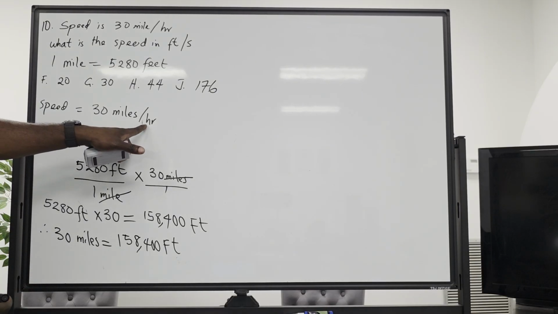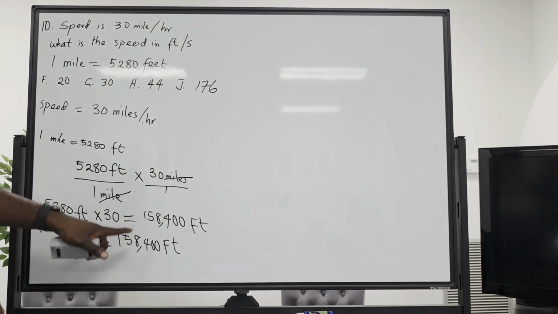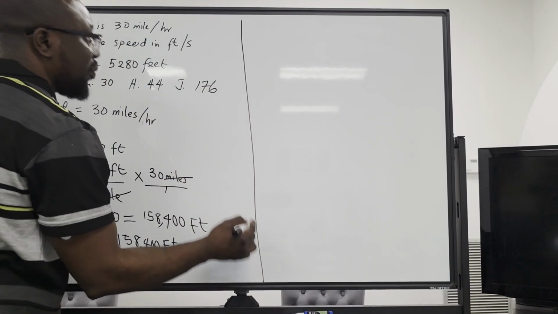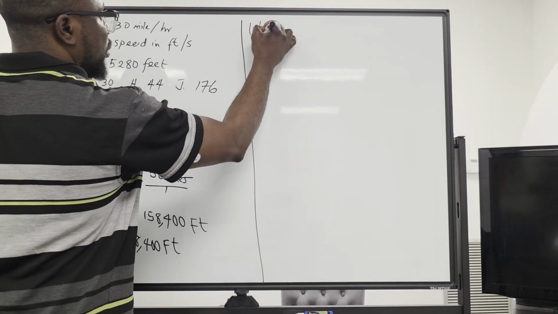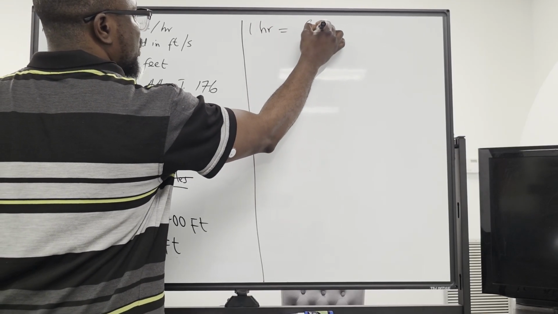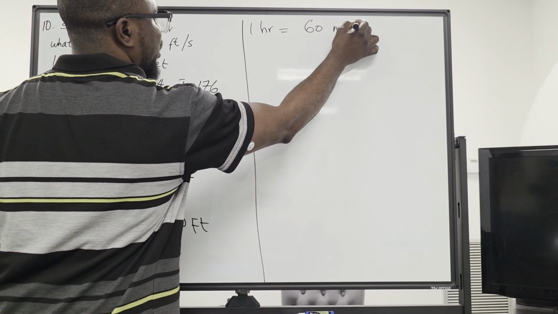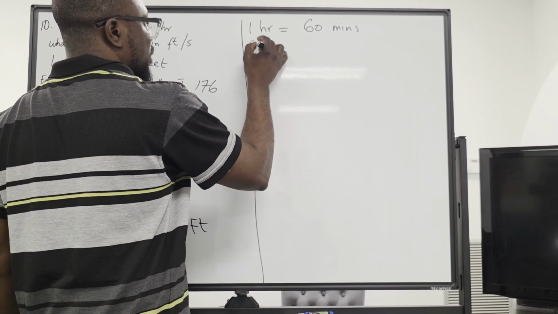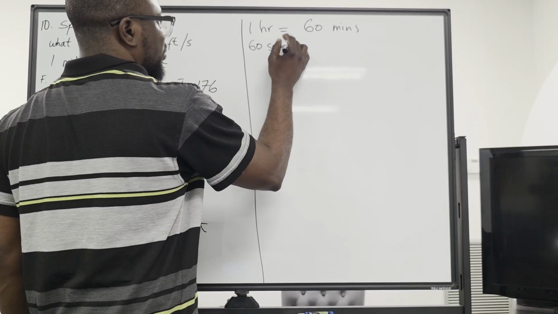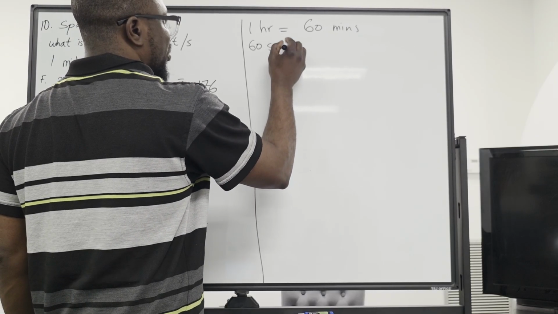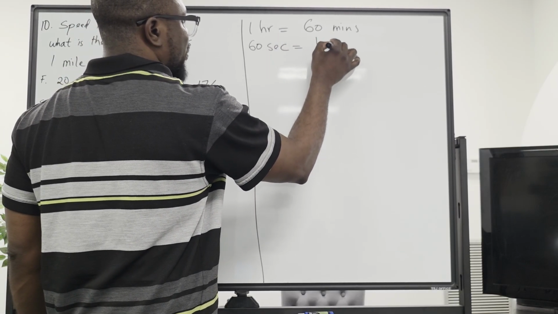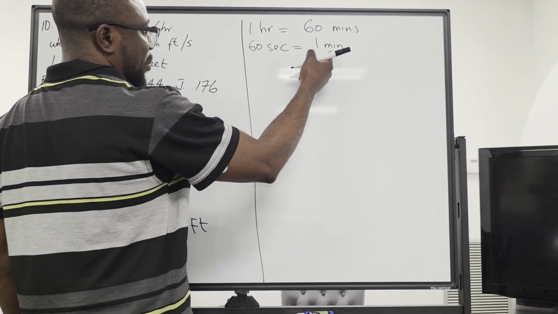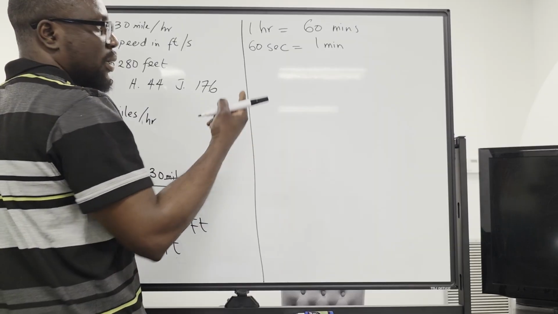The second one is to convert 1 hour to seconds. 1 hour is equal to 60 minutes, right? And 60 seconds is equal to 1 minute. So if 60 seconds is 1 minute, how many seconds is 60 minutes?